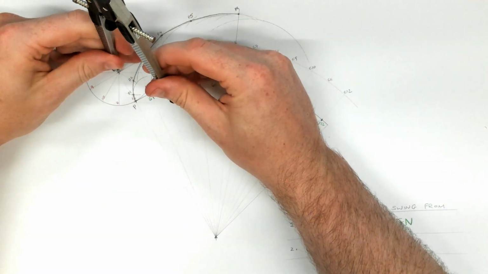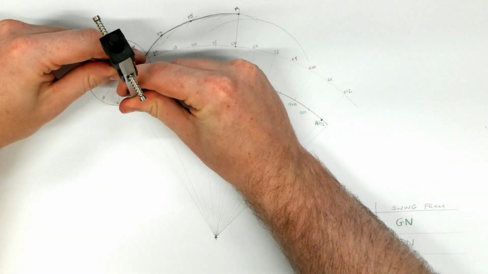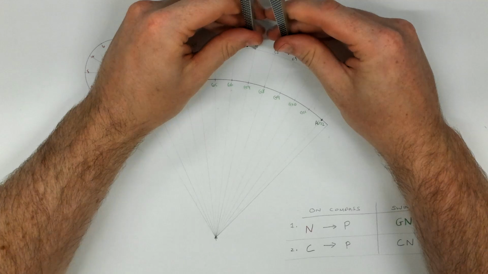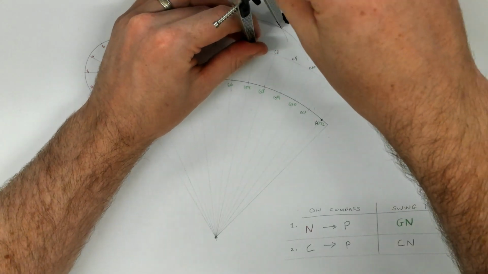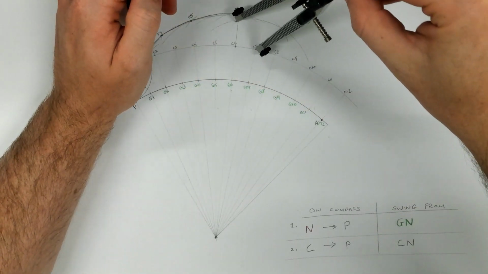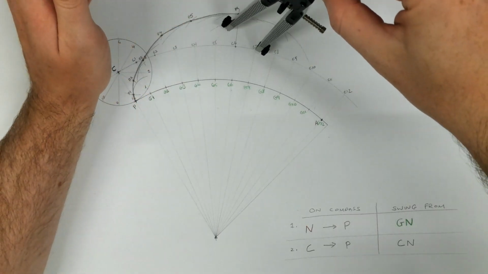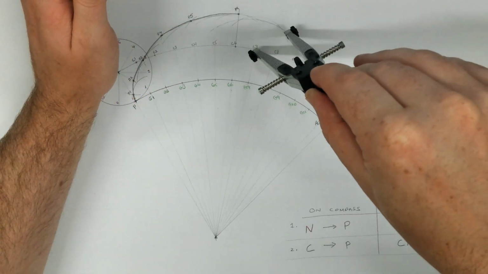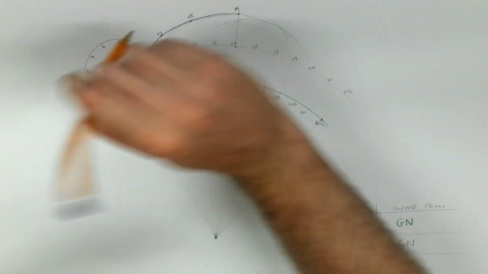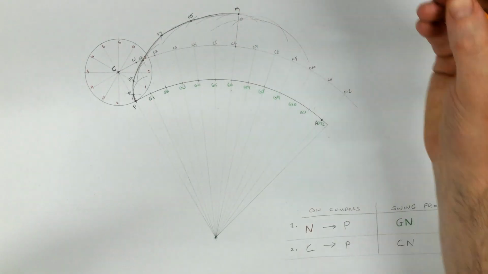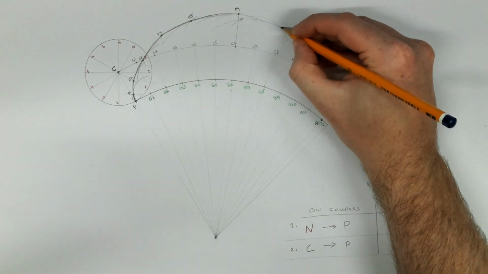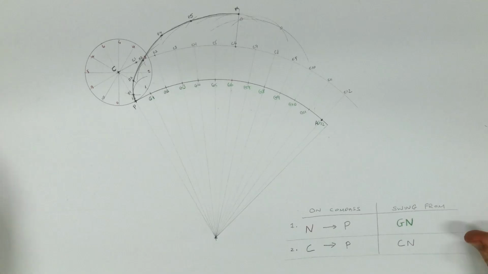I'm going to take from C to P now, and I'm going to swing from C7. Okay, so I have a point here, but I also have a point there. You may have come across this issue with point P5 as well. So I have a potential point here and a potential point there, and it's a question now of which one do I choose.